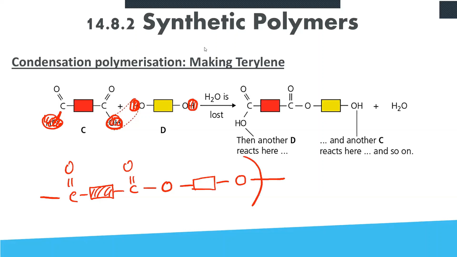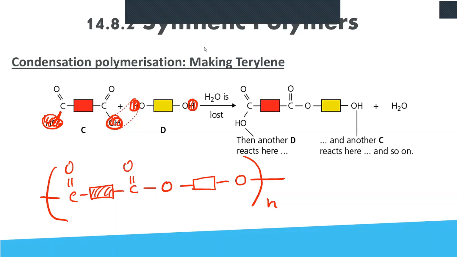We include a bracket and then we include n. This will be the structure of terylene.